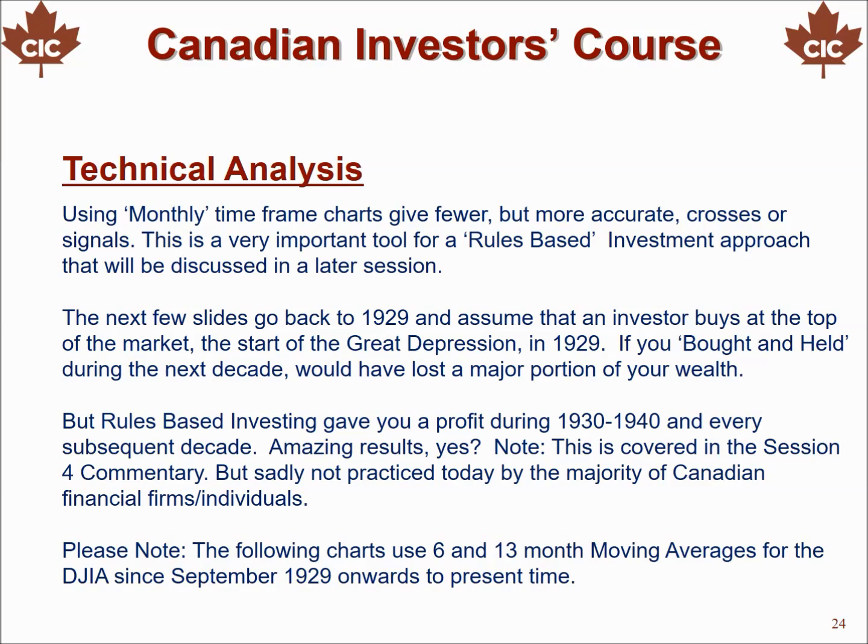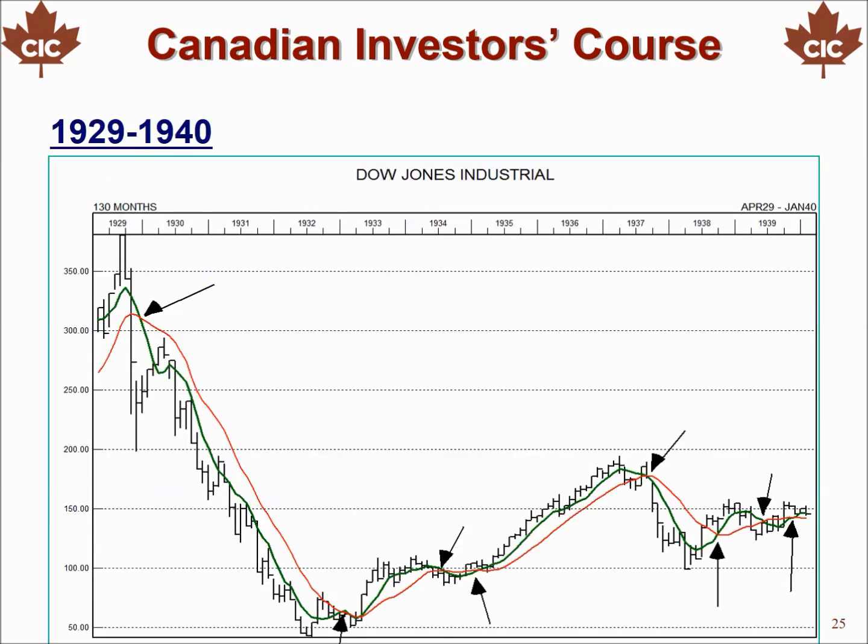You'll notice that these crosses are very helpful when the green line, which represented the short-term moving average, had crossed the red line representing a longer-term moving average.